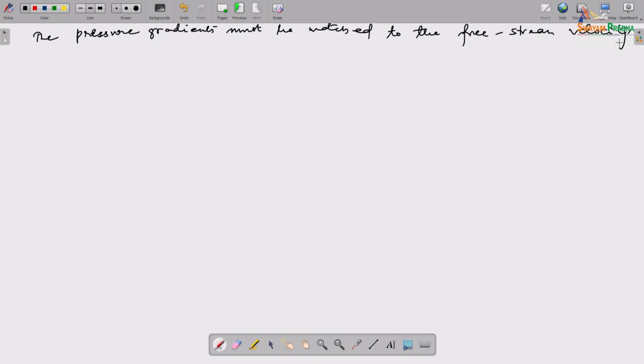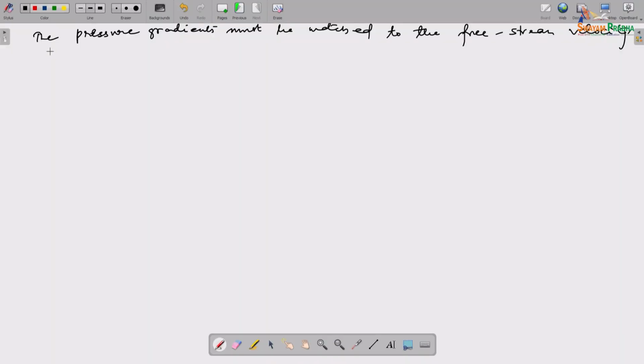If you have done an introductory class on boundary layer theory, then you would have calculated how the pressure gradient is related to the free stream, just outside the boundary layer.